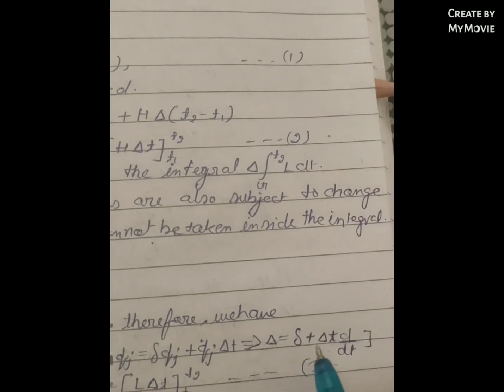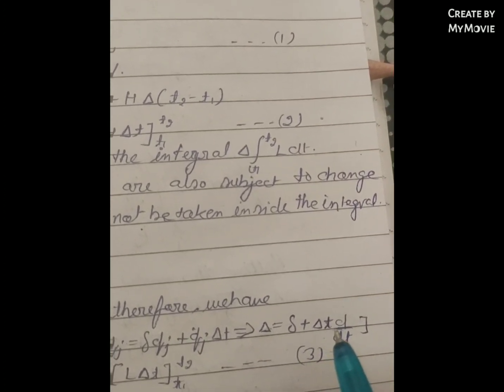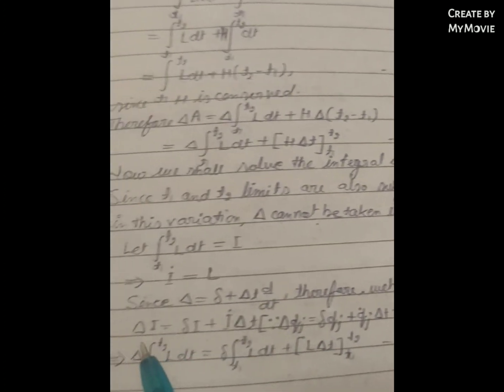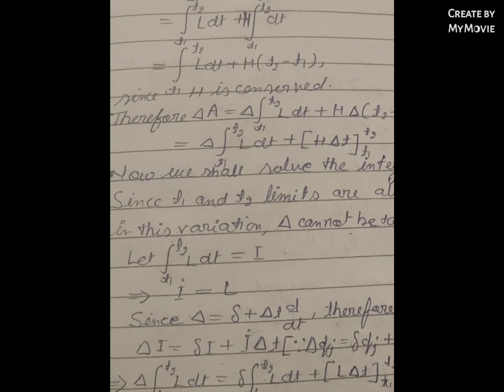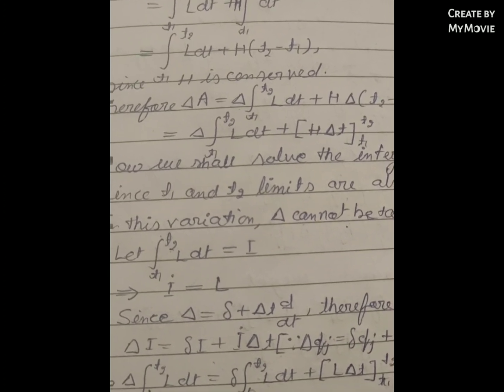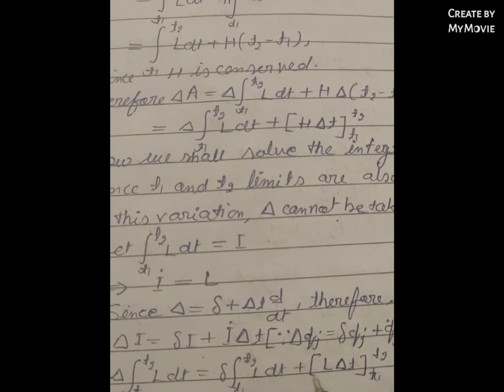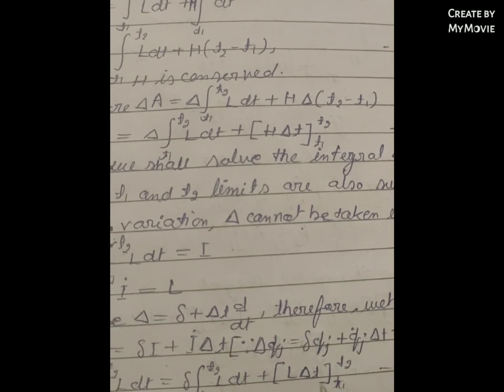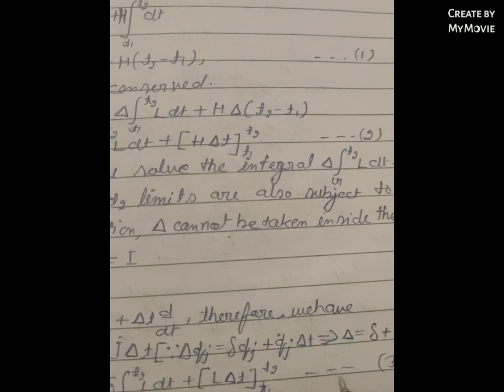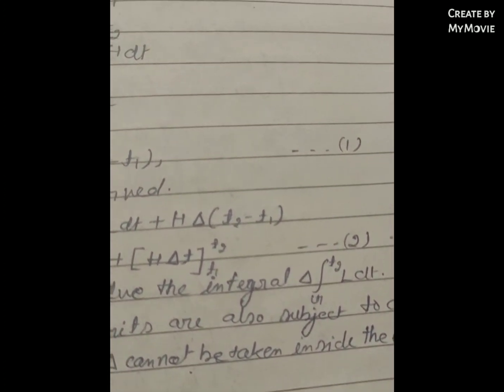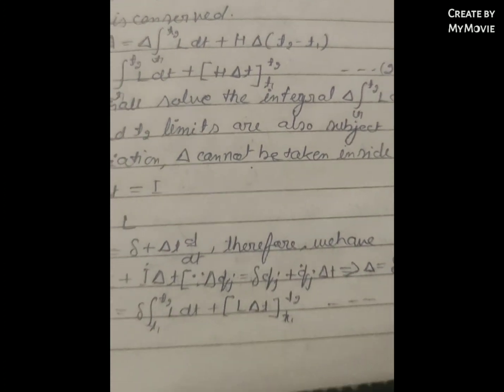Therefore delta of the integral from t1 to t2 of L dt is equal to delta of the integral from t1 to t2 of L dt plus [L delta t] from t1 to t2. This is equation 3.